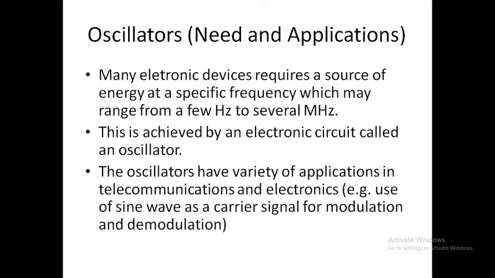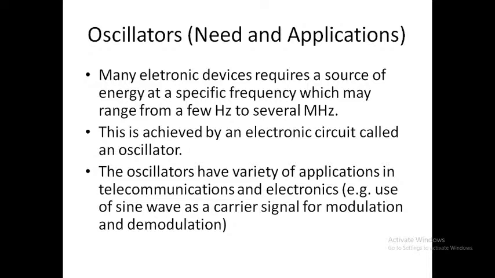A generator means it is generating an electrical signal, either a sine wave, a triangular wave, a rectangular wave, or any pulse. The function generator generates a signal, maybe periodic or non-periodic, sine wave or non-sinusoidal waves. Now in this chapter we'll see how to generate a sinusoidal or non-sinusoidal signal.